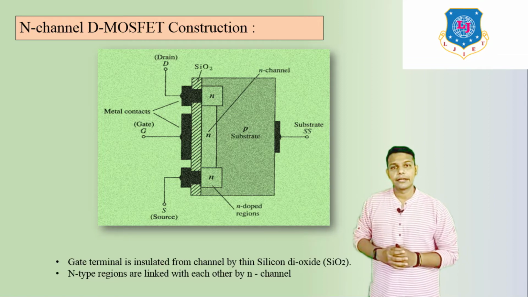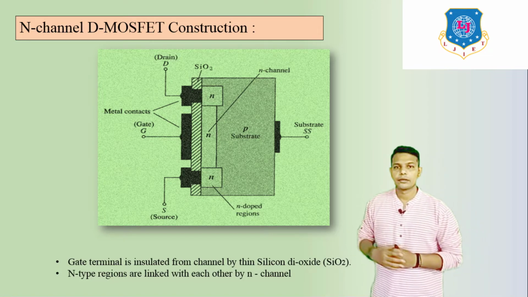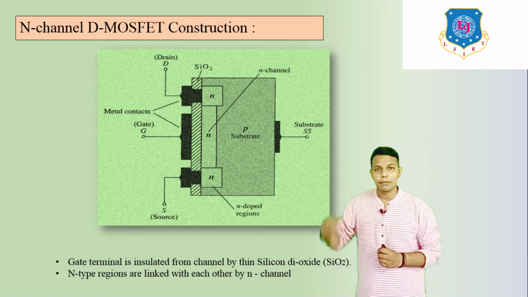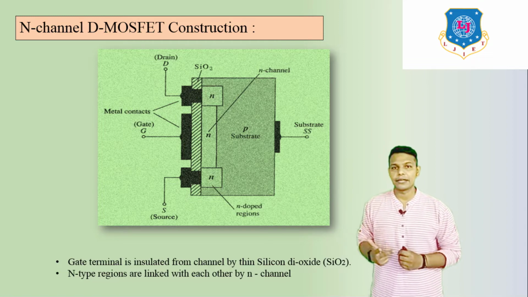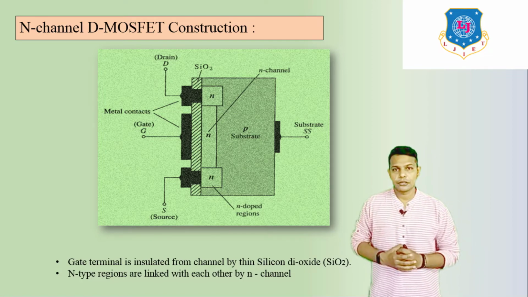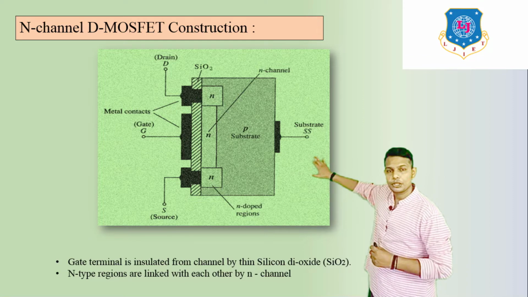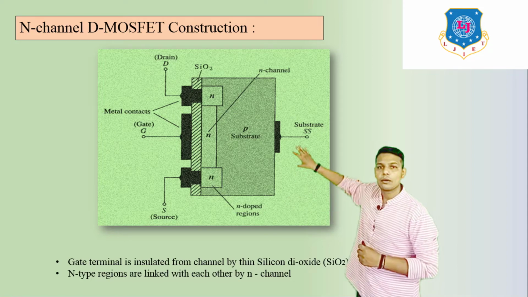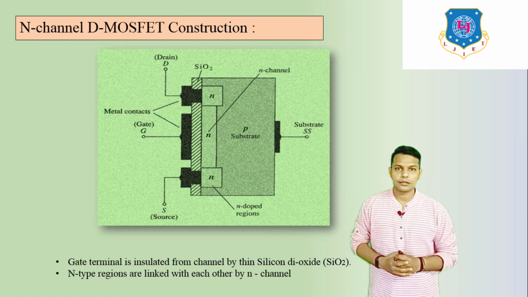This layer is silicon dioxide, that's why oxide. Metal oxide semiconductor: this device is built from semiconductor material, that's why it is known as metal oxide semiconductor, and it is a type of FET, that's why field effect transistor. A field is created due to this VGS, and electrons flow from the downward to the upward direction. That's why it is known as field effect transistor.